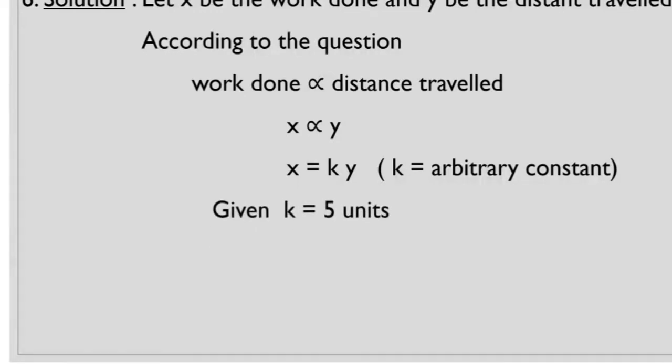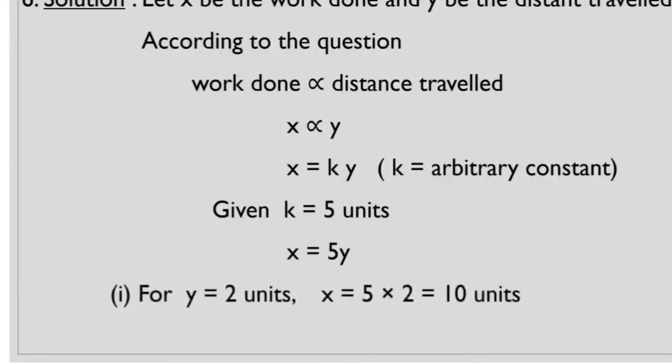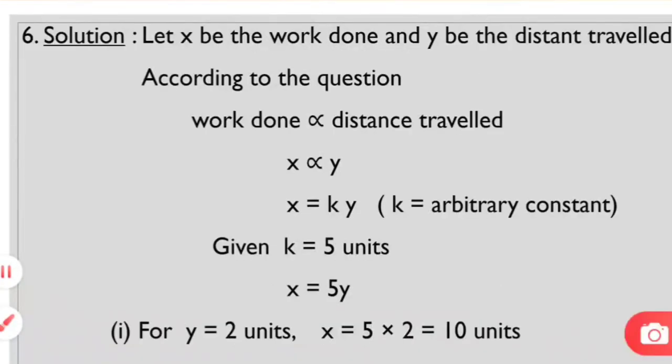So we will write, k is equal to 5 units, so x equal to 5y. Now we have to find the work done when the distance travelled is 2 units. So for y equal to 2 units, we insert the values, x will be equal to 5 into 2, that is 10 units.